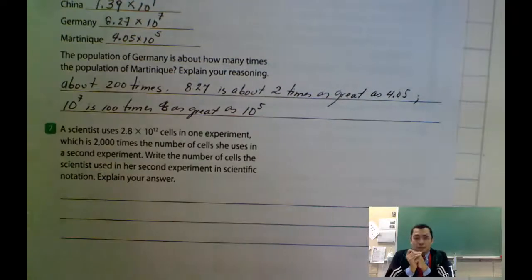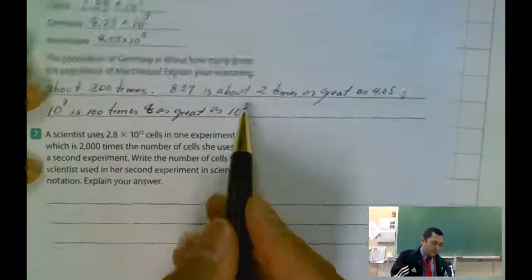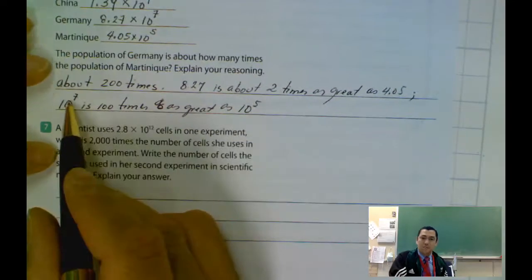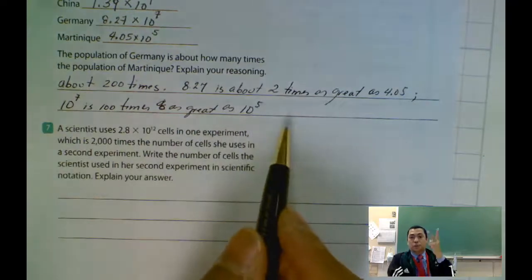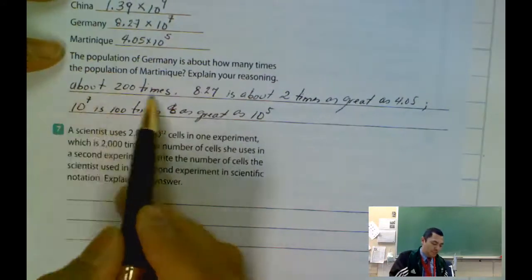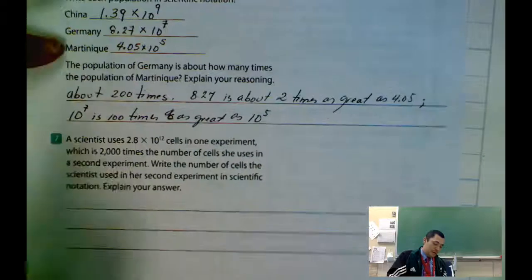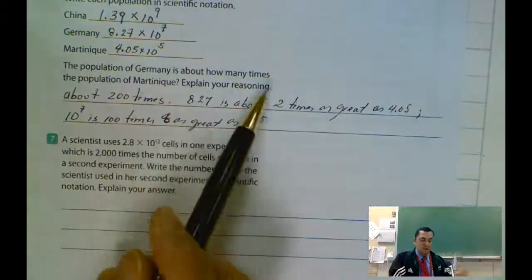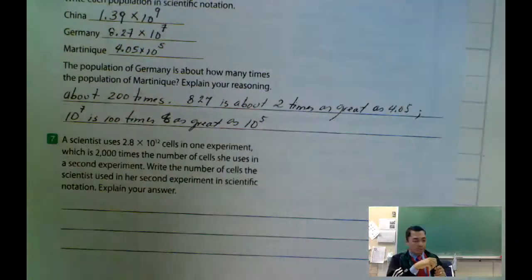Okay? So look at the difference. 7 minus 5 is 2. And 10 to that number, 10 to the 2 is 100. So times 2 is 200. So it's 200 times as big. The population of Germany is about 200 times as big as Martinique.